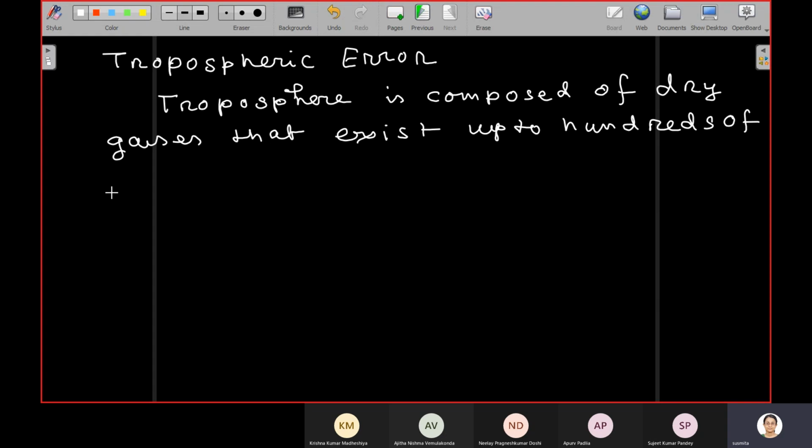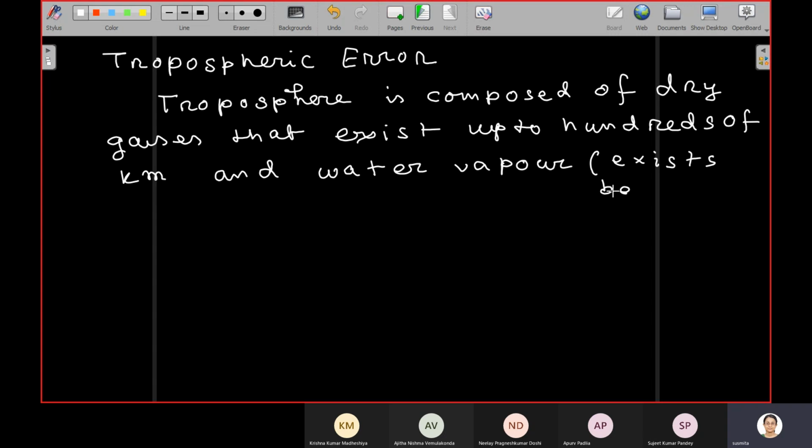After that, we do not get any significant tropospheric error. And water vapor. Water vapor exists generally between 4 and 12 kilometers.